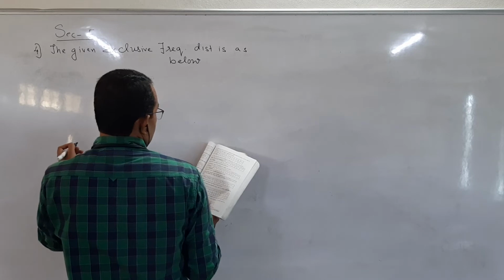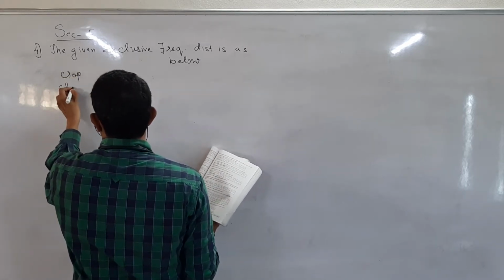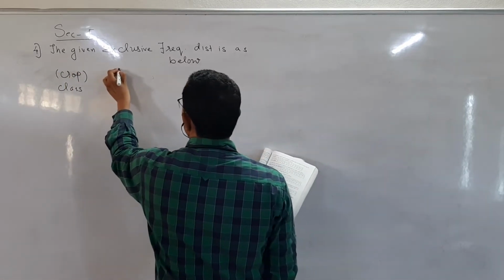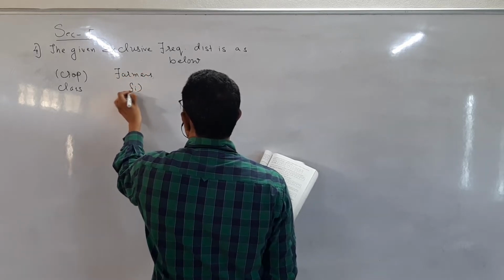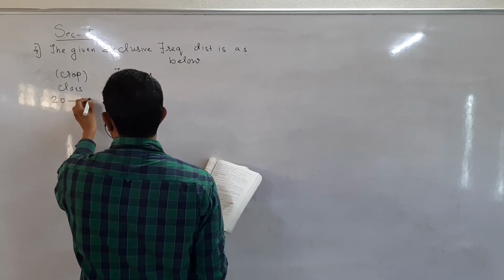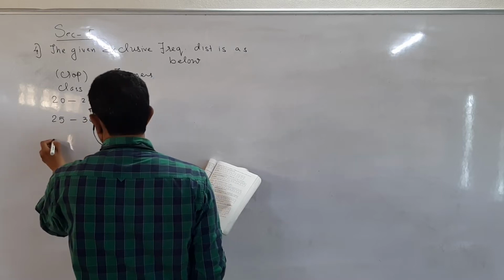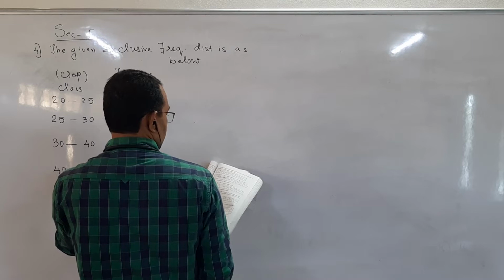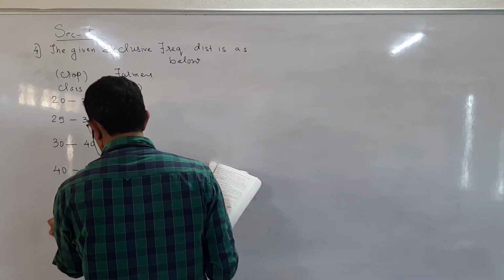Wheat crop per quintal, crop is in terms of classes, and farmers are in terms of frequency. 20 to 25, 25 to 30, 30 to 40, 40 to 50, and the last class is 50 to 60.